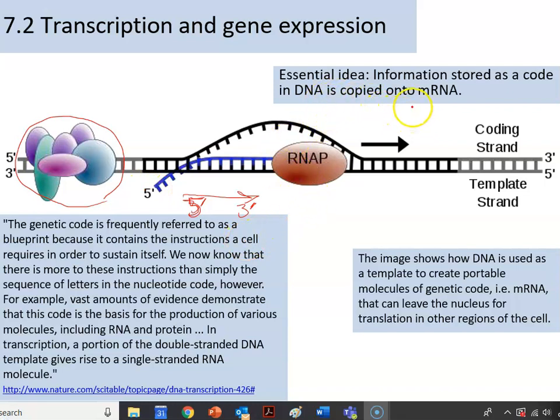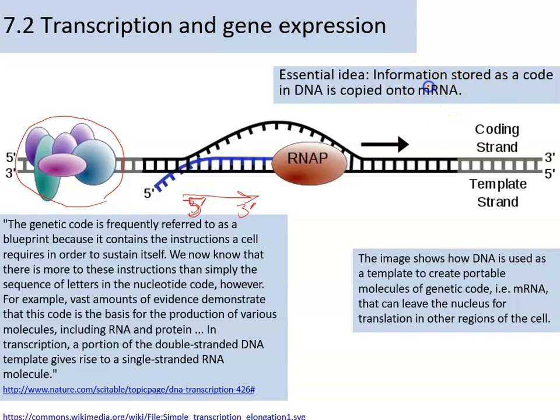The essential idea is that the information from DNA will be used to create mRNA. Information stored as a code in the DNA is copied into mRNA. So the purpose of making mRNA is transferring the information which was stored in DNA, and that information will be translated into protein, which is necessary for other functions.